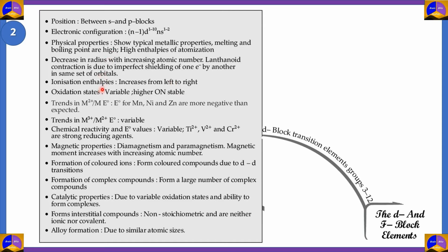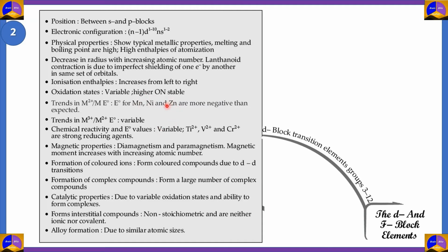Now, another fascinating thing about the D block elements is that they have variable oxidation states. In other metals, the lower oxidation number is stable, while in D block transition elements, the higher oxidation number is stable. And when we're talking about trends in electrode potential from M2+ to M, these are negative for the metals manganese, nickel, and zinc.